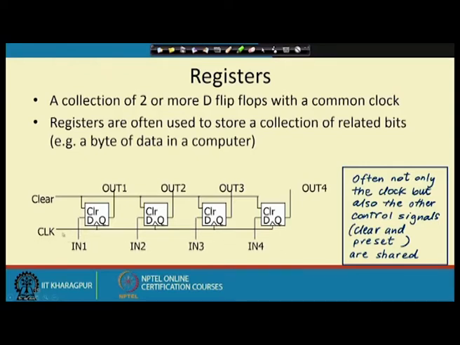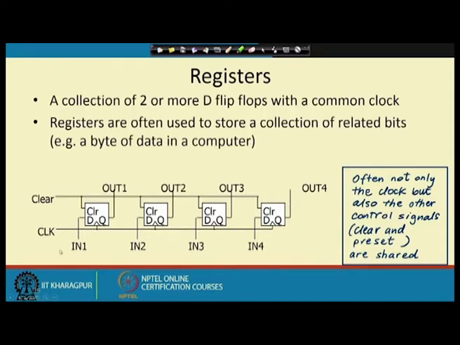So, at the positive edge of the clock, whatever value is coming on in 1 will be stored into the first flip flop. Similarly, whatever is coming in 2 will go into the second flip flop, in 3 into the third, and in 4 into the fourth flip flop. So, on the positive edge of the clock, the 4 bit pattern that I am giving here will be stored in these flip flops and will be available on these output lines.